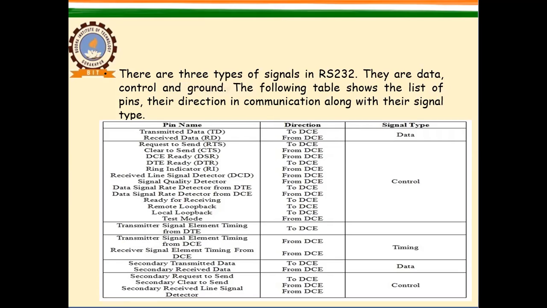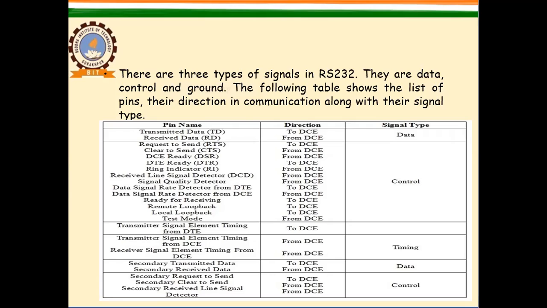If you talk about the different control signals which are used between transmitting and receiving, before transmission there are requirements of different signals to indicate whether the DTE and DCE are ready for communication.